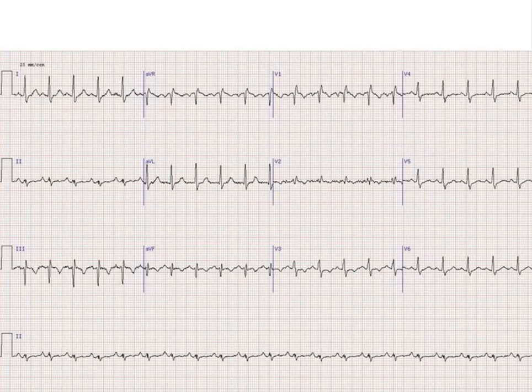And now we should discuss main changes on ECGs in patients with pulmonary embolism. Main criteria: deep S wave in first standard lead, deep Q wave in third standard lead, and presence of negative T wave or T inversion in third standard lead, right bundle branch block, and T inversion in V1, V2, V3.